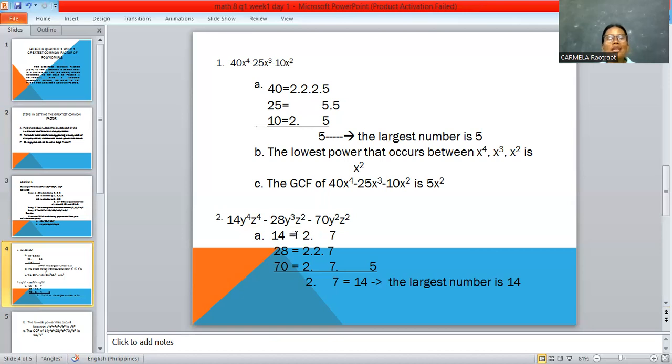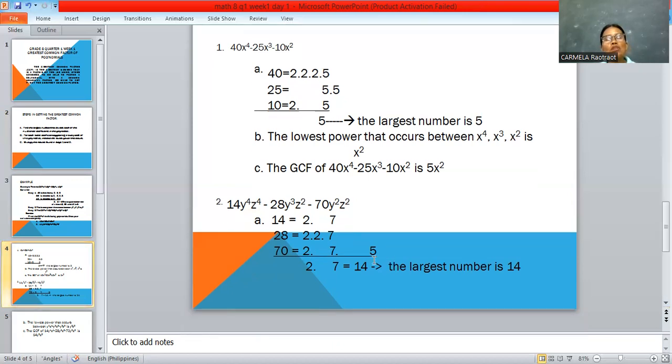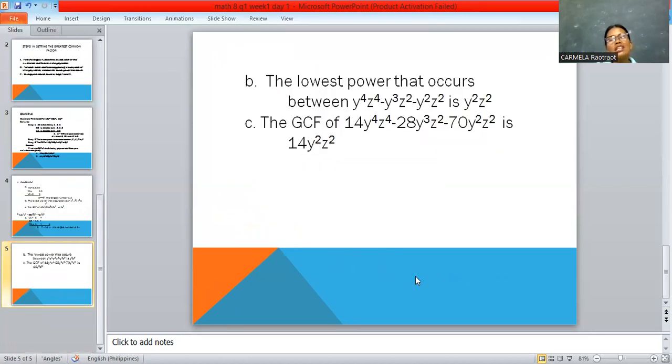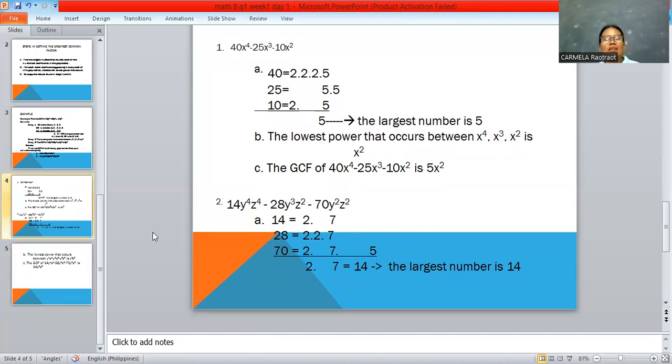So 14 is 2 times 7. 28: the prime factors are 2 times 2, that is 4, times 7, that is 28. How about 70? That is 2 times 7 times 5. So therefore, 2 and 7 are common to the 3. So 2 times 7 is equal to 14. Therefore, the largest number is 14. Okay, they are divisible.